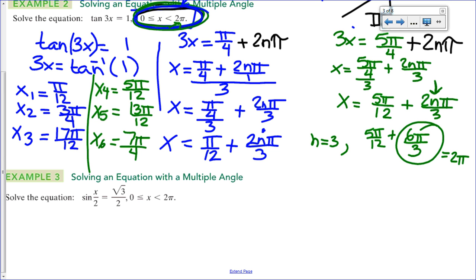So isn't it kind of like a red light that, hey, you're already adding 2 pi, so you are going to go over 2 pi. So once you get something like that, you could stop. If you're not so sure, it doesn't hurt to check and see what you get, right? But I can promise you that if you do this computation, you will get something over 2 pi, okay? Just try it. Go ahead and type it in. 5 pi over 12 plus 6 pi over 3. 29 pi over 12. So you're way over 2 pi precisely by what?